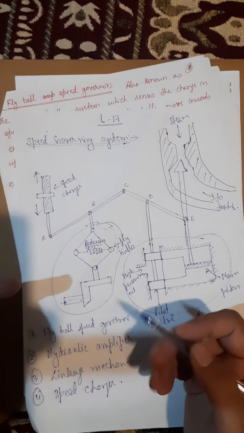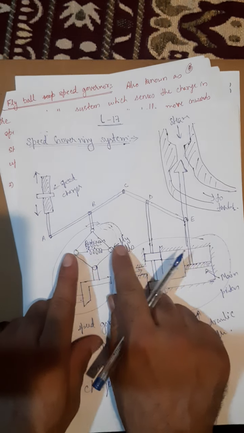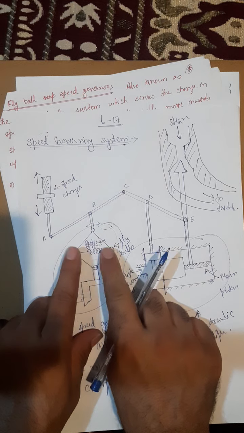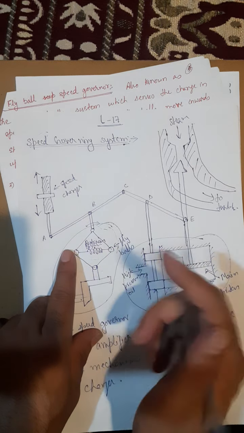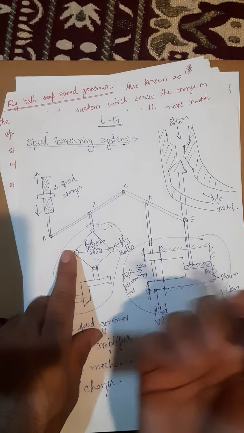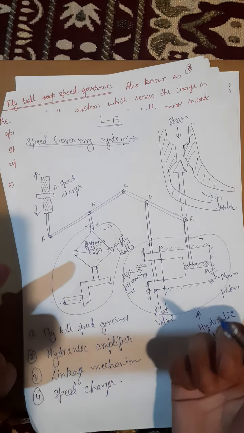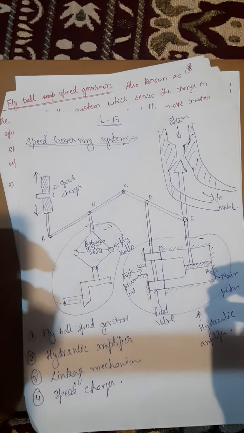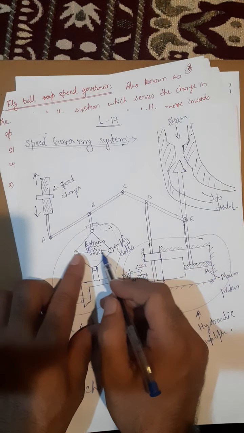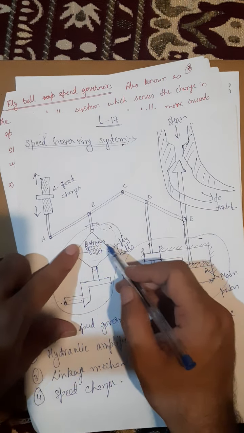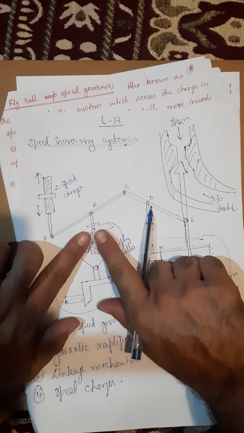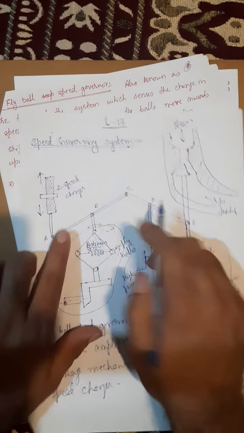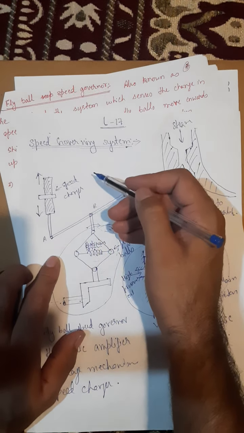Similarly, if there is some decrease in speed, what will happen to the spring? It is rotating at some speed. Suppose the speed is decreasing. These balls will move closer to each other, and this assembly will move upward, pushing the point B upwards.